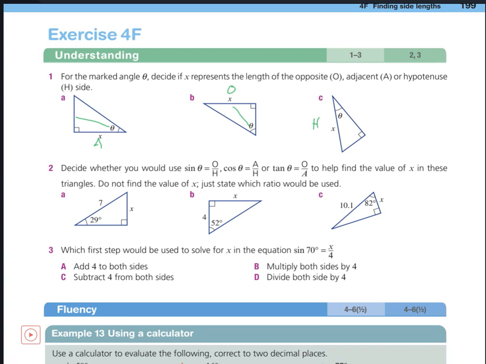So, would we use sine theta, cos theta, or tan theta for these? Because we have the hypotenuse and the opposite, that's O and H, that means we must use sine theta equals O over H. B has the adjacent and the opposite, which means that's O and A, which is tan theta.